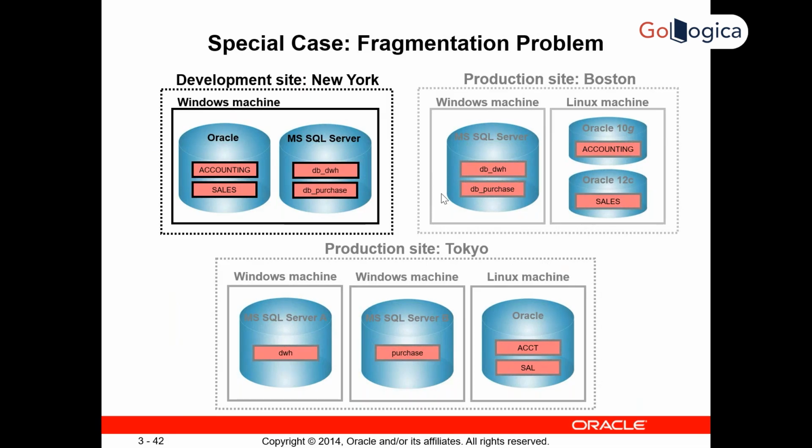Even though one data server is enough for my Oracle, if I define only one, I cannot replicate my Boston environment. For that, we are going to define two data servers in the Oracle technology.